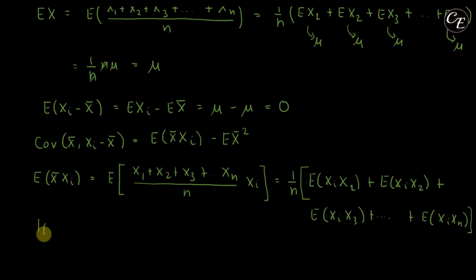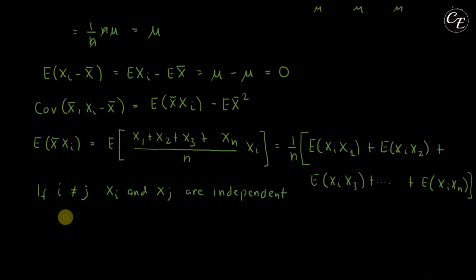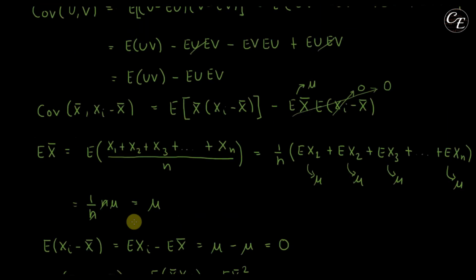Now if i is not equal to j, then x sub i and x sub j are independent. And if they are independent, then expectation of x sub i times x sub j should be equal to expectation of x sub i times expectation of x sub j. The proof for this one is above.